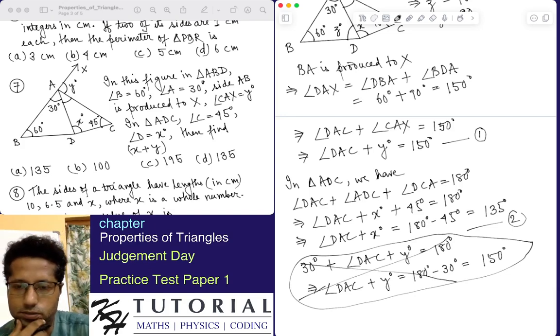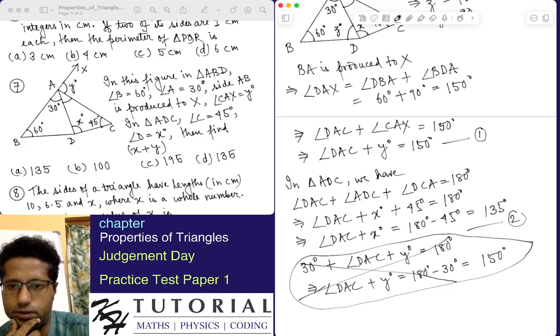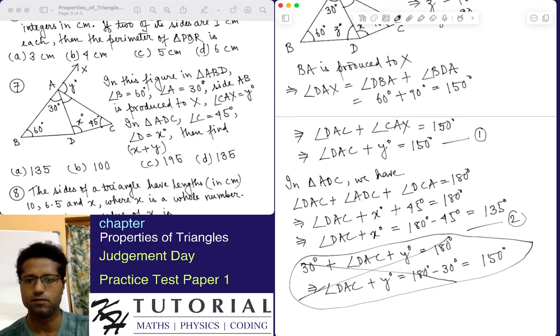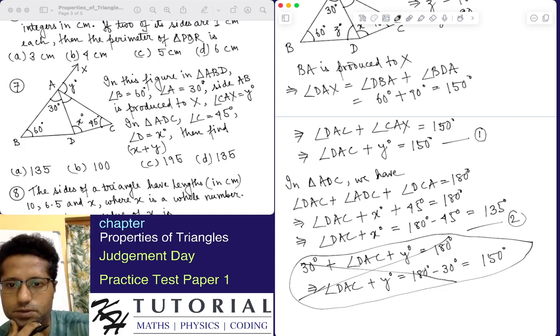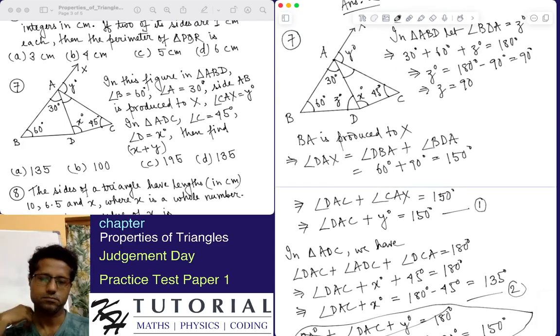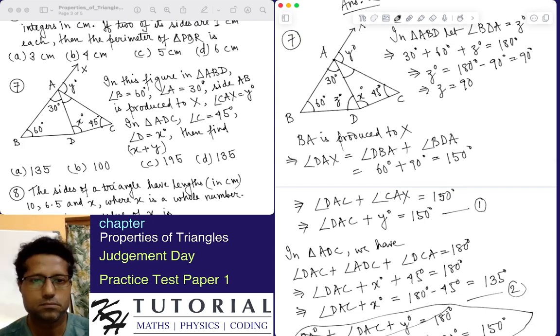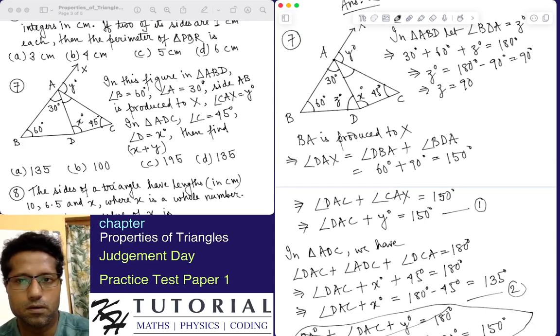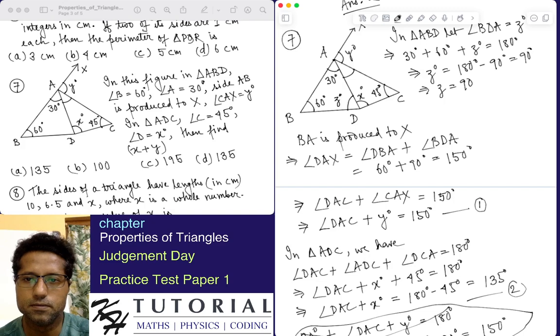So we have two equations, DAC plus y equals 150 and DAC plus x equals 135. If we add these two equations, we will get on the left hand side x plus y plus 2 DAC equals 285. But to find x plus y, we need DAC. How can we find DAC?